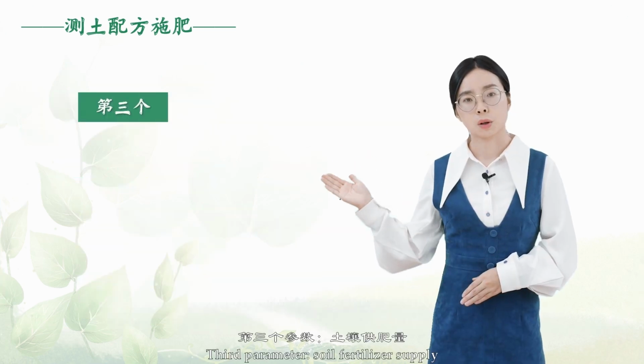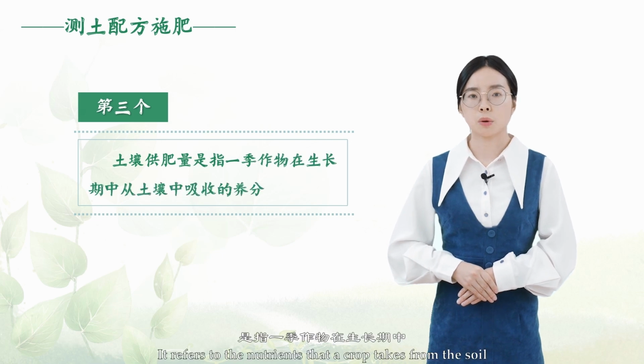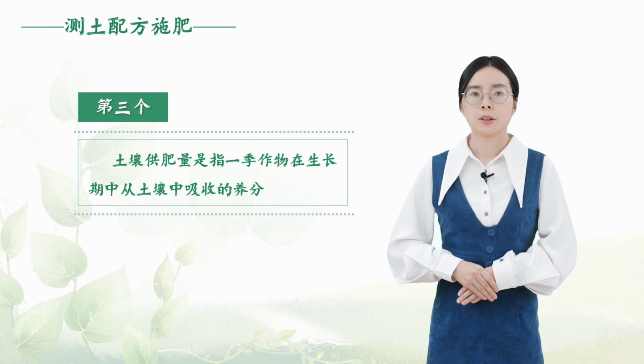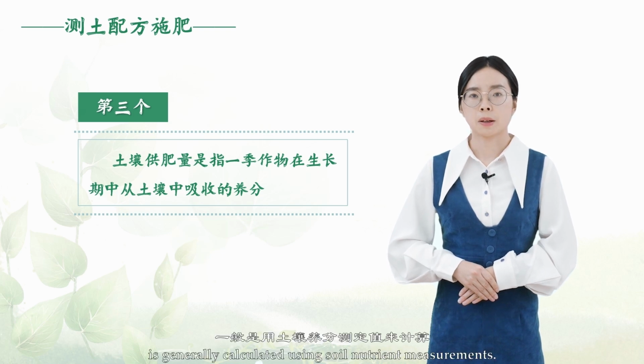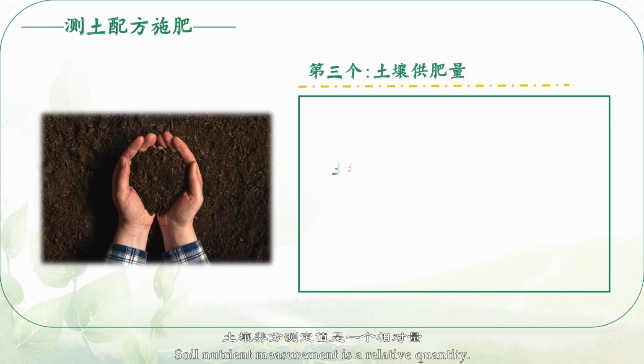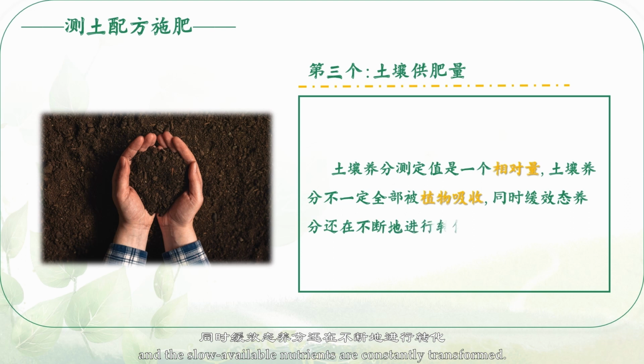Third parameter, soil fertilizer supply. It refers to the nutrients that a crop takes from the soil during its growing season. Nutrient balance method is generally calculated using soil nutrient measurements. Soil nutrient measurement is a relative quantity. Not all soil nutrients are absorbed by plants, and the slow available nutrients are constantly transformed.